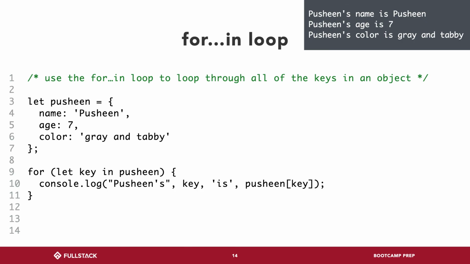So Pusheen's name is Pusheen. Pusheen's age is 7. Pusheen's color is gray and tabby. Since you get the key, you can get the value by just doing Pusheen bracket key. That's how for-in loops work, and that's why they're so powerful, because of bracket notation. You can get everything in an object by using a for-in loop.